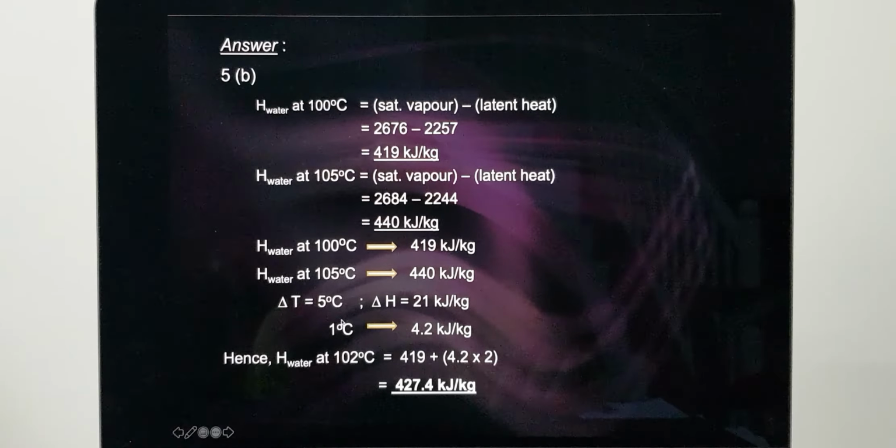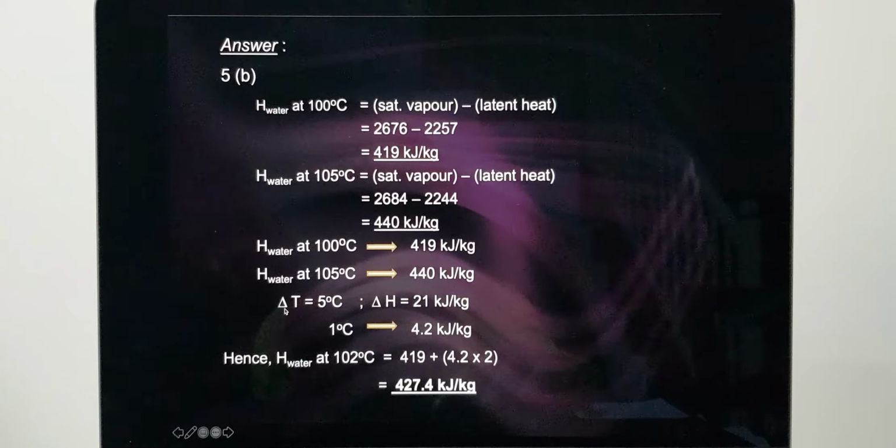So for the increment of 1 degree Celsius, what is the value of the HF? What you need to do is divide 21 kilojoule per kilogram by 5. So you will get 4.2 kilojoule per kilogram. Meaning that for every increment of 1 degree Celsius, the enthalpy will increase by 4.2 kilojoule per kilogram.